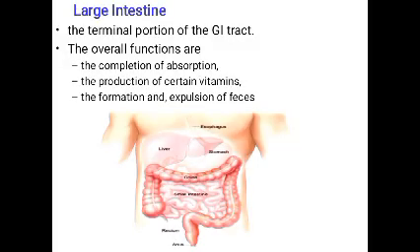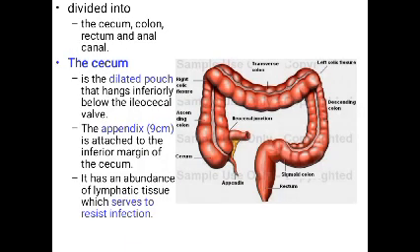Large intestine. The functional portion of the GI tract. Its overall functions are the completion of absorption, the production of certain vitamins, and the formation and expulsion of feces. It is divided into the cecum, colon, rectum and anal canal.